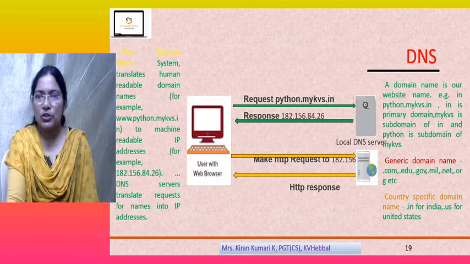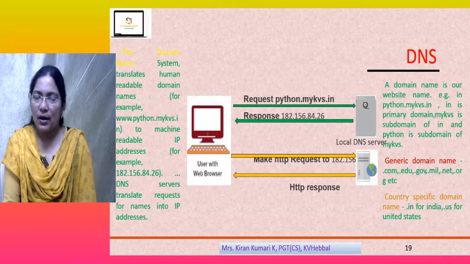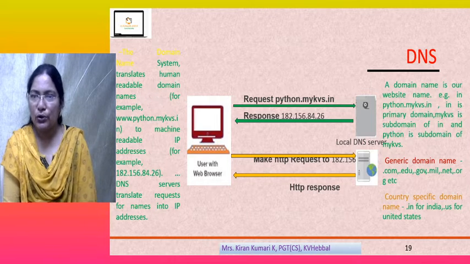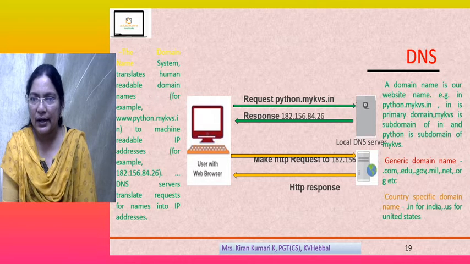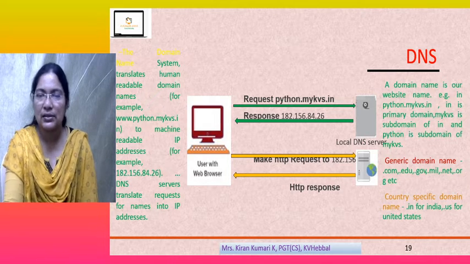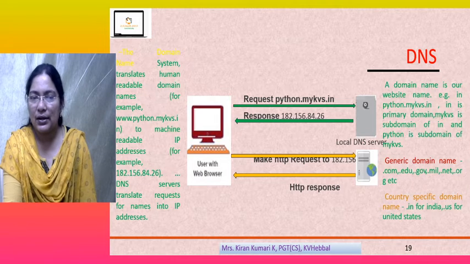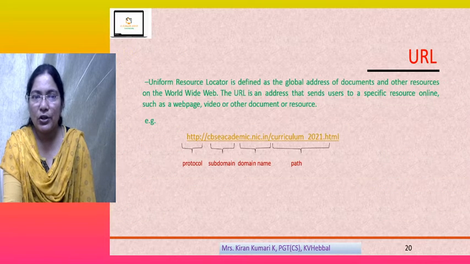Generic domain names are .com, .edu, .gov, .mil, .net, .org. Country specific domain names are .in for India, .us for United States, .uk for United Kingdom. And .edu for education is generic.